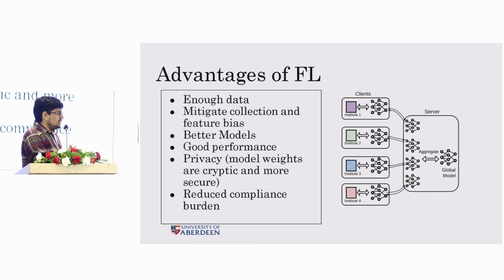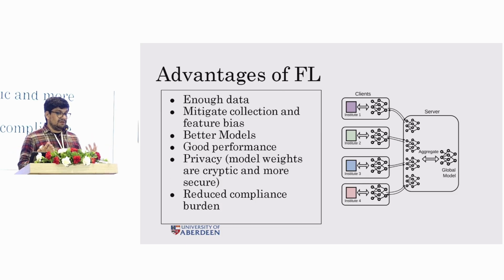So in general, the advantage of federated learning is that it gives us an opportunity to get the experience or the learning from a large amount of data, right? And it also mitigates collection and feature bias, because bias can be created. For example, there is a hospital where a certain ethnic group of population is present, right? Then training a model only with those data may not necessarily generalize to patients from a different ethnic group, right?